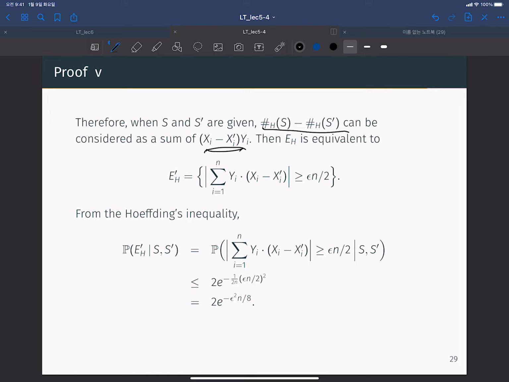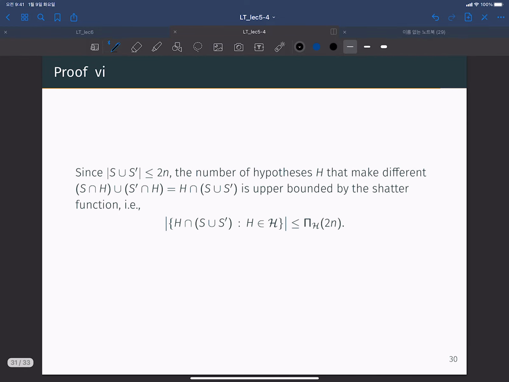So we can apply Hoeffding's inequality again to find the probability of E prime H. So from Hoeffding's inequality, we can bound the probability of E prime H for given S and S prime. And since S and S prime each have size n, their combined cardinality is always upper bounded by 2n.